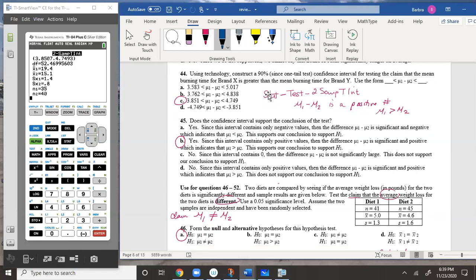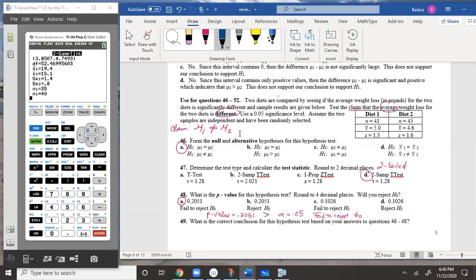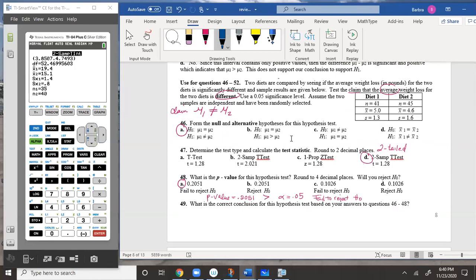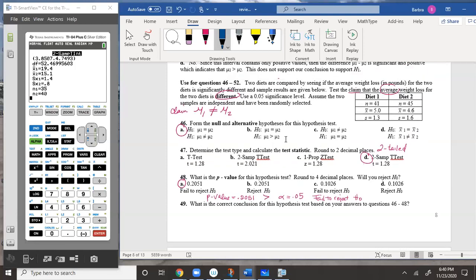Okay. All right. And then I think we did 45. So we answered that. And we are on the next set of questions here, 46 through 52. Now, I did promise to answer questions if you wanted to go into the Math Lab review.